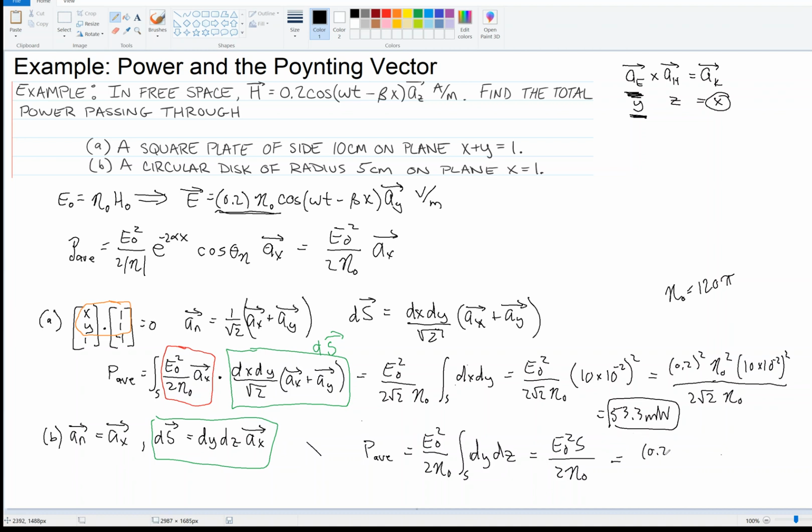So this is 0.2 squared, then there's just 1 eta 0 there. And then there's pi r squared for the area, divided by 2. And so I punch those numbers in and I get 59.2 milliwatts.